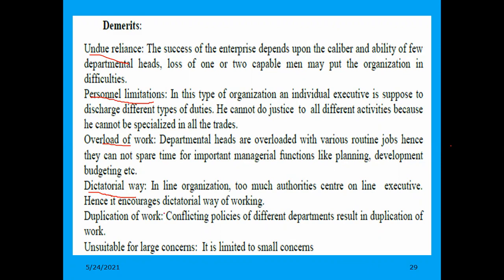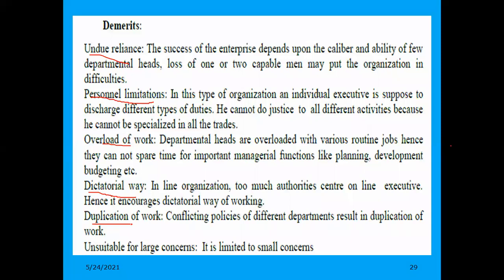Next one, duplication of the work. So your time is up. Means you are having less than 8 minutes. Now, next one, duplication of the work. So conflicting policies of different departments result in duplication of work.